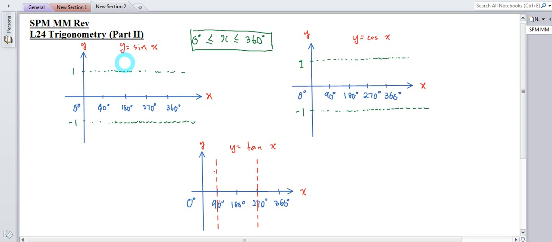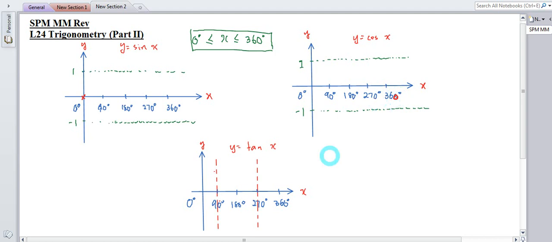Okay, so for sine graph, it's from here, start from 0. So the next point, so this is a critical point with 90 degree, 180, 270, 360. Three graphs are also using the same x scale. Okay, you will notice also same thing, 90, 180, 270, 360.